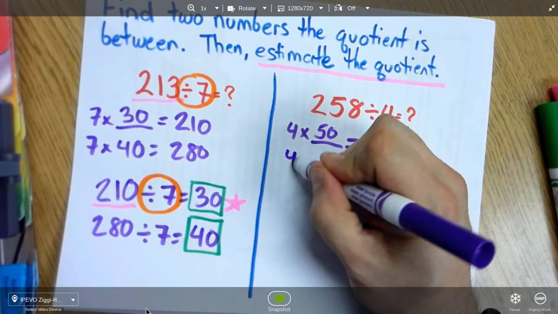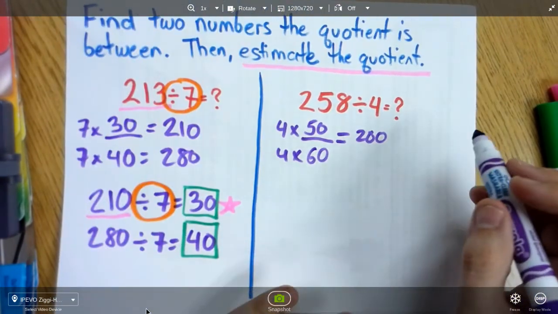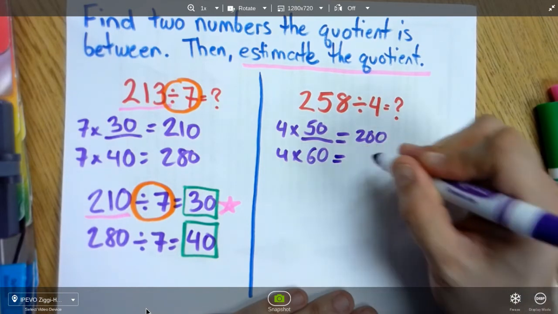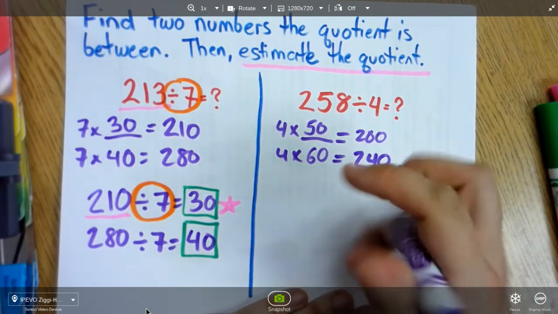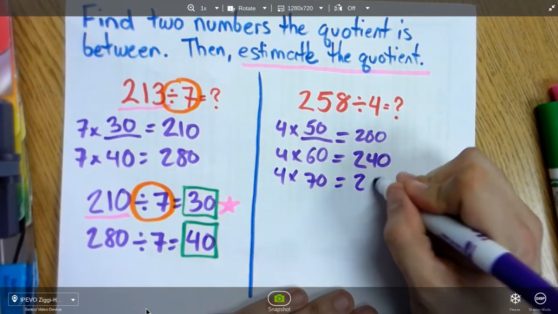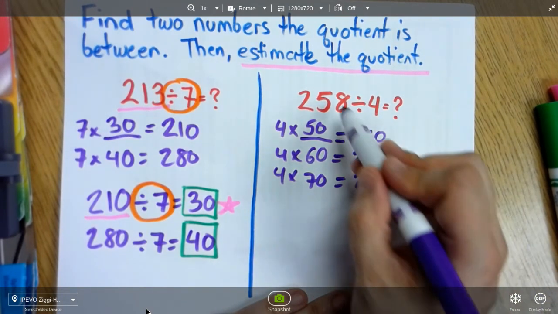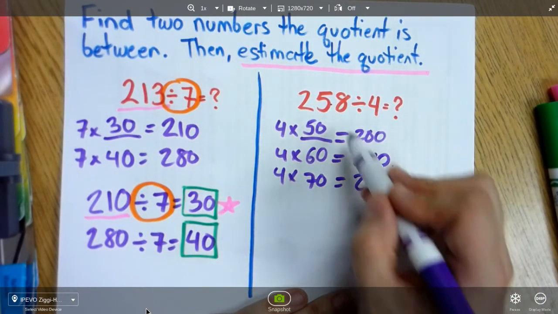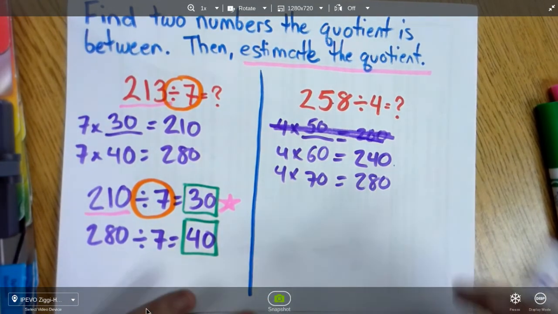Let's try 4 times 60. 4 times 60 is 240. That's getting a lot closer to 258. 4 times 70 is 280, and now we're past it. 240 was just a bit below. 280 is a bit above.